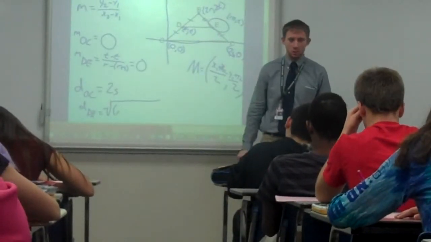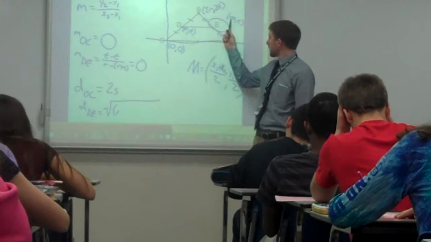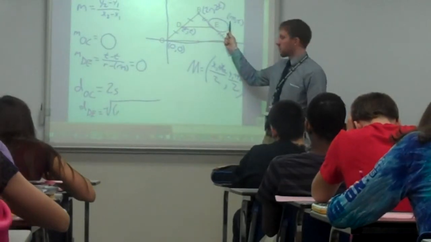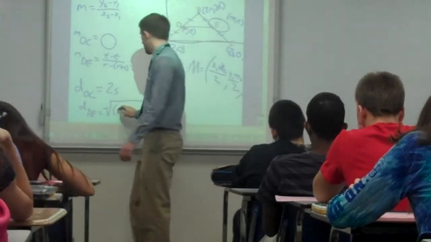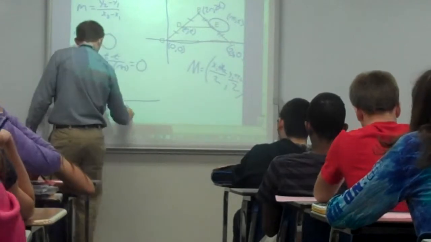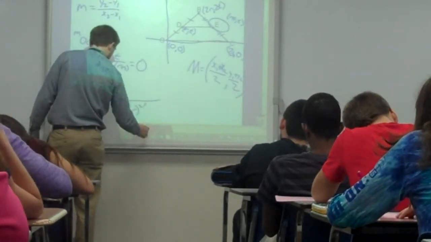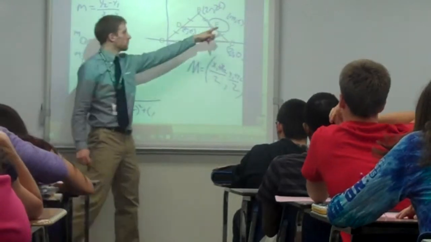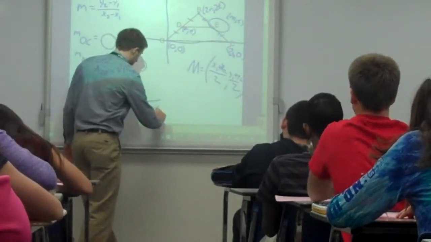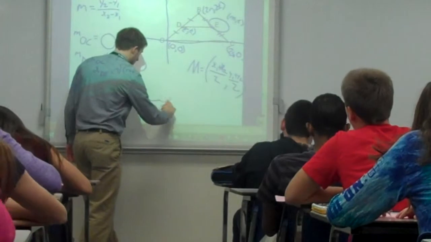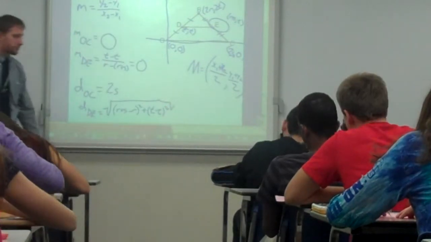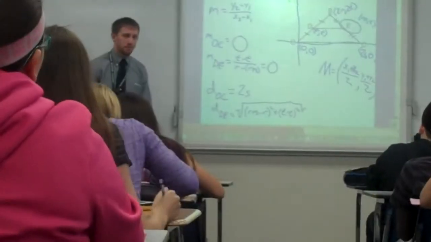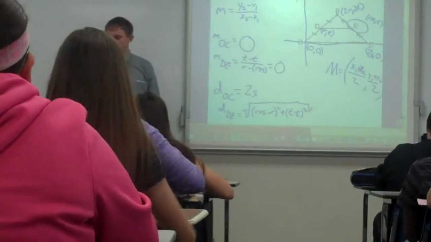What is x2 minus x1? r plus s minus r, squared, plus y2 minus y1, t minus t, squared. Looks ugly, right? Bunch of letters, we don't know what they are.